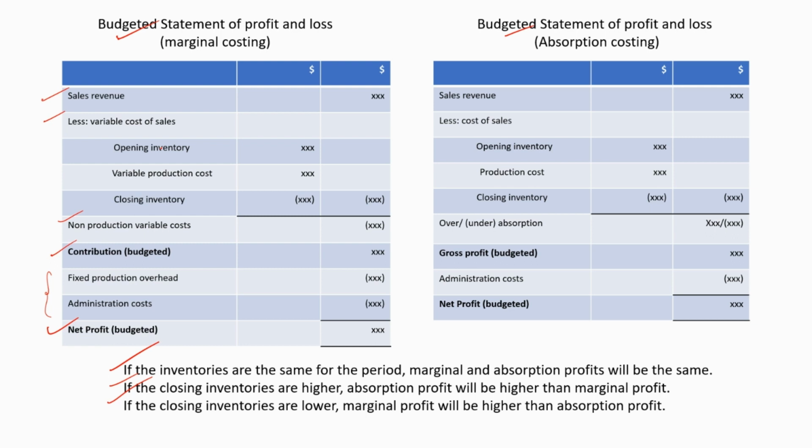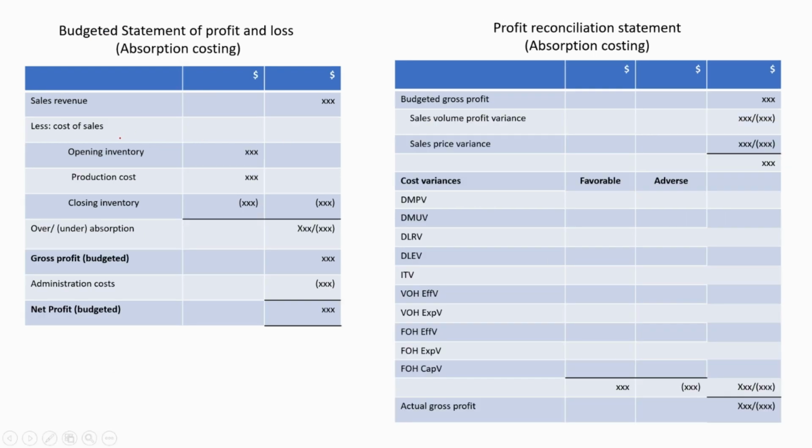Now let's discuss how to reconcile the budgeted profits using the variances. First of all, let's discuss absorption costing. What do we have to do under the absorption costing system? This is the budgeted statement of profit and loss for absorption costing. We have the sales revenue, cost of sales, then we have to adjust for the over or under absorption, and then we can calculate the gross profit.